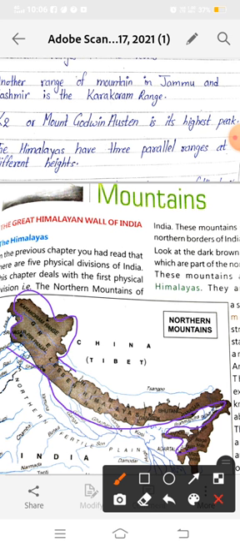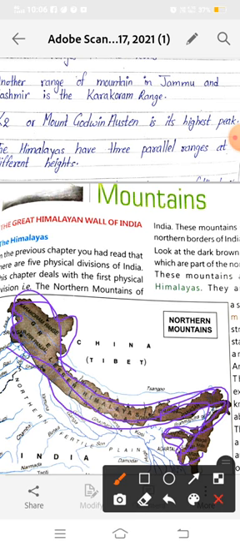It is also called the Great Himalayas, the Great Mountain region of India, because most of the mountain regions come in the north side of India, but some parts of the mountains we also have in the east side. But all these mountain regions are known by the common name, the Great Northern Mountains.